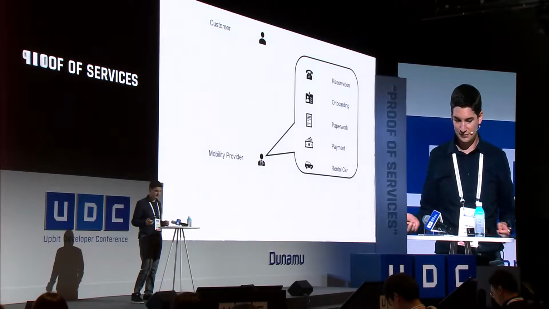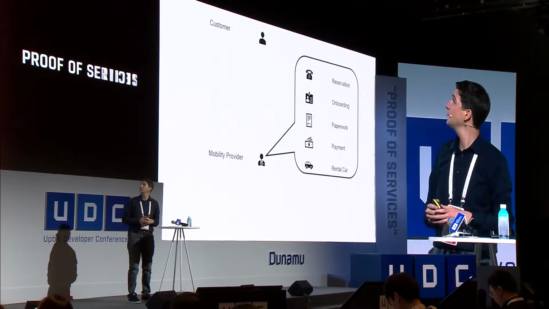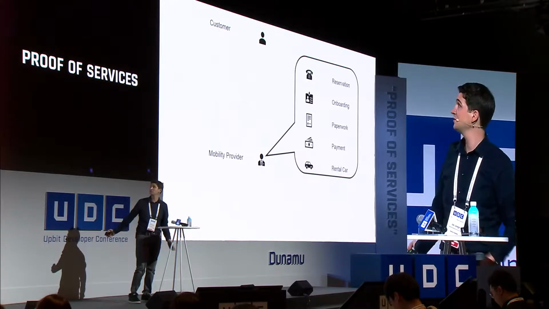Let's have a look at a real use case. We take a traditional service like a car rental service. The provider has the supply, the customer has the demand. This means the customer is the king.